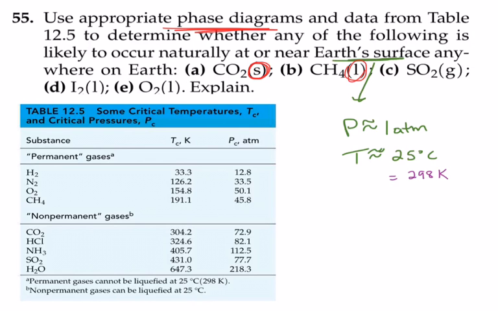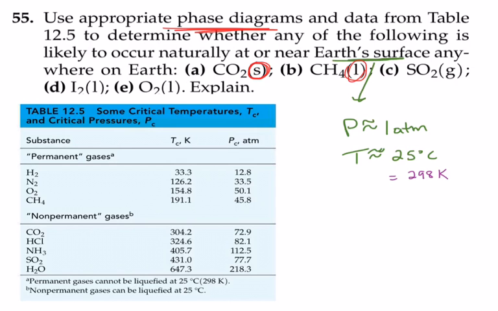Normal Earth temperature is 25 degrees Celsius, 298 Kelvin. You're supposed to say whether any of these is likely to occur, given that physical phase in parentheses. It's not something you can sink your teeth into, but you can track it down. And you have to say why.